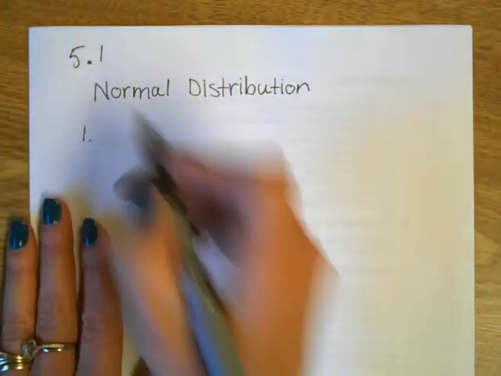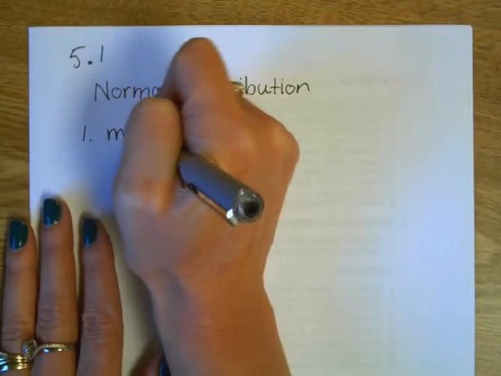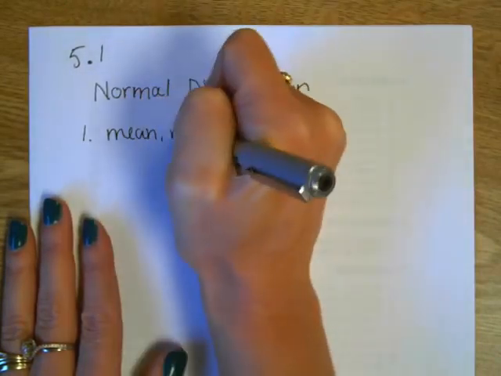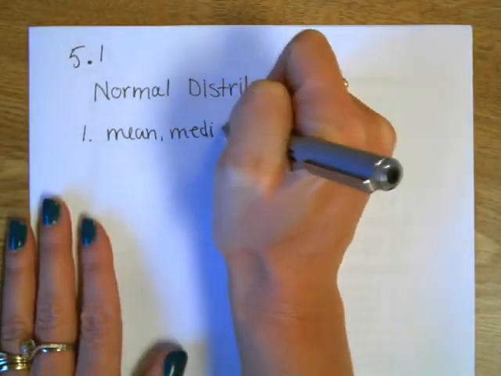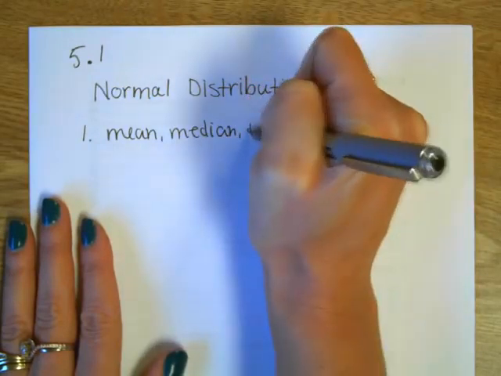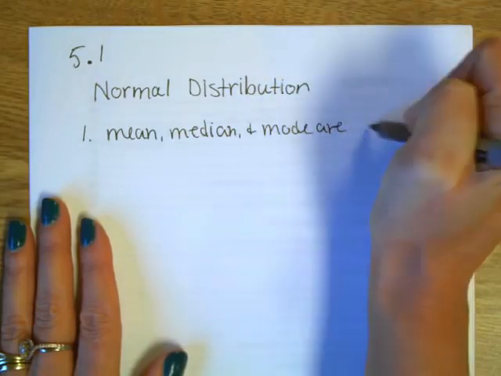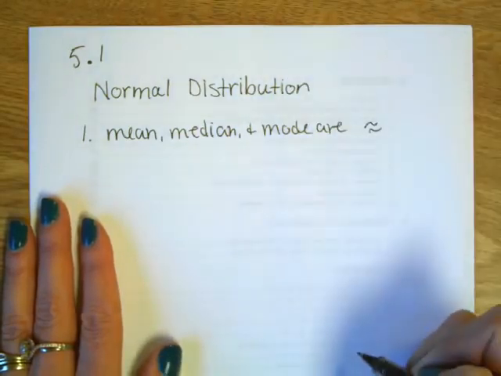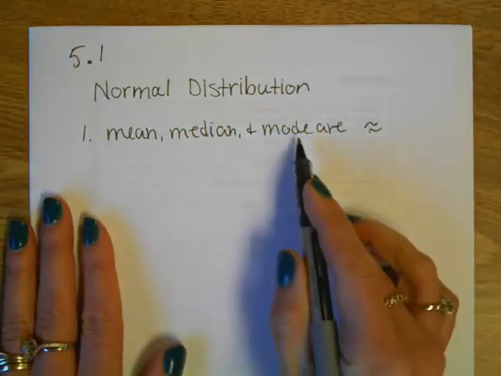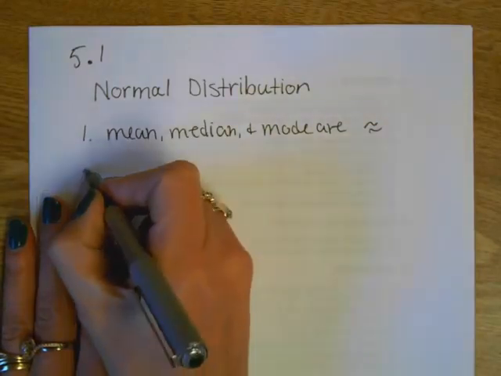You get a normal distribution when your mean, median, and mode are all approximately the same value. And when that happens, you know this shape.